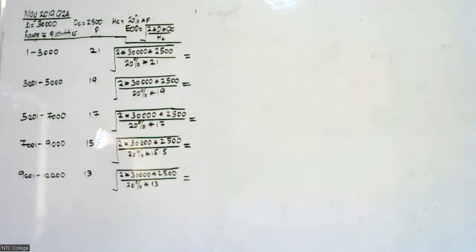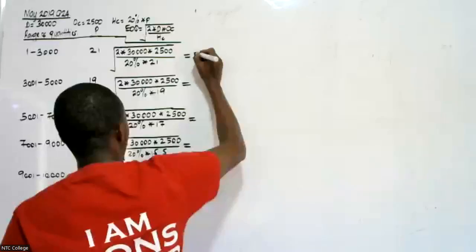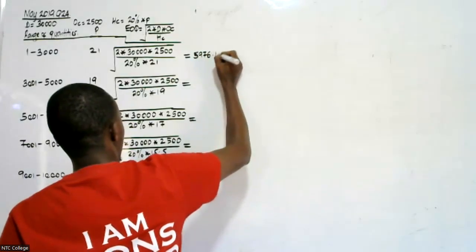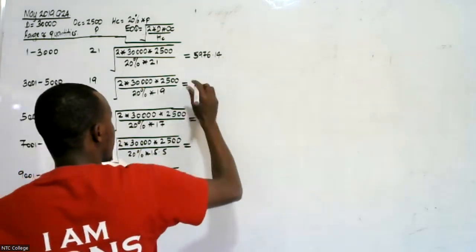Give me the EOQs of those items. The first one I got 5,976.14. The second one, 6,282.81.